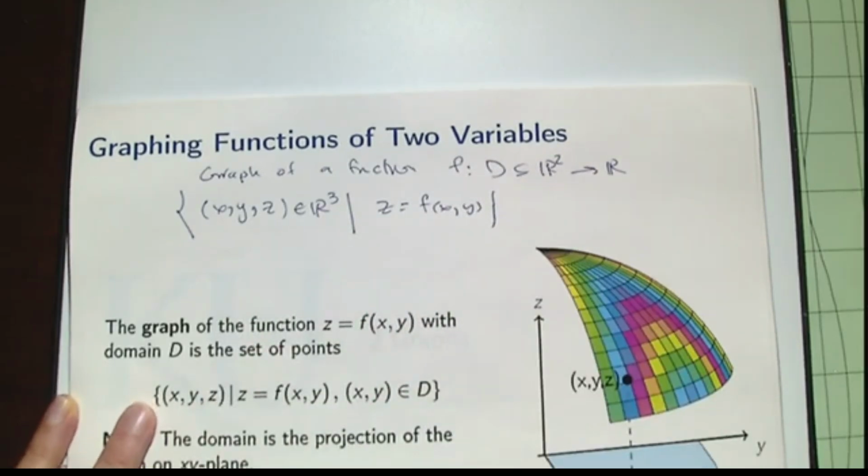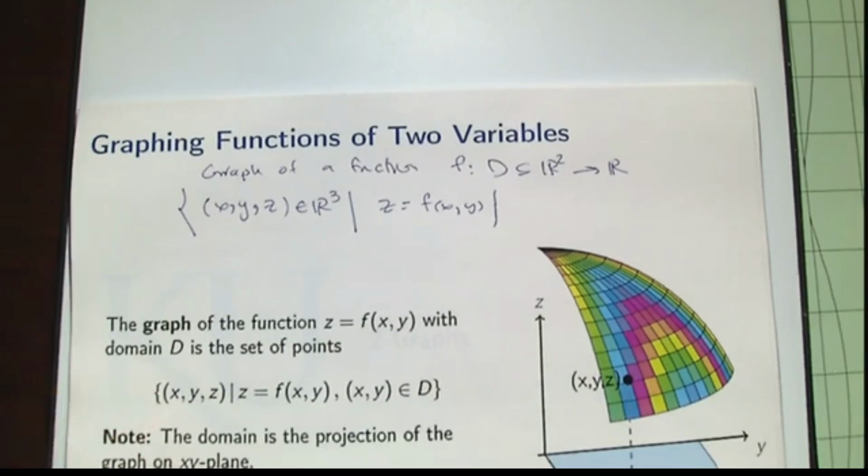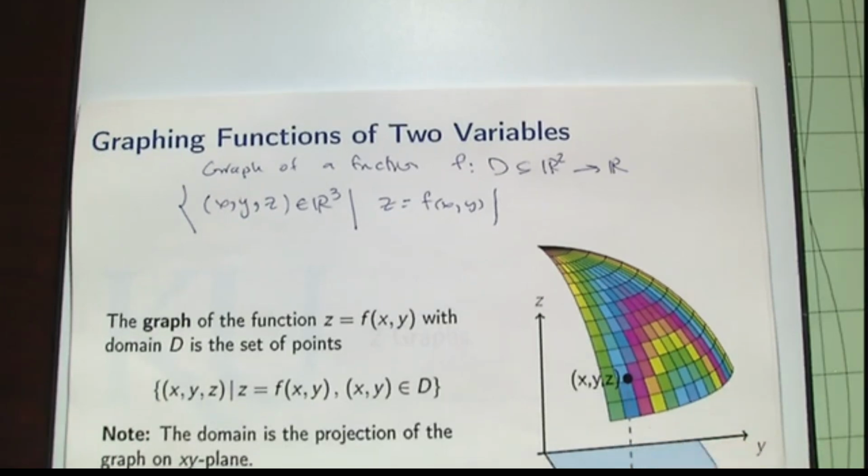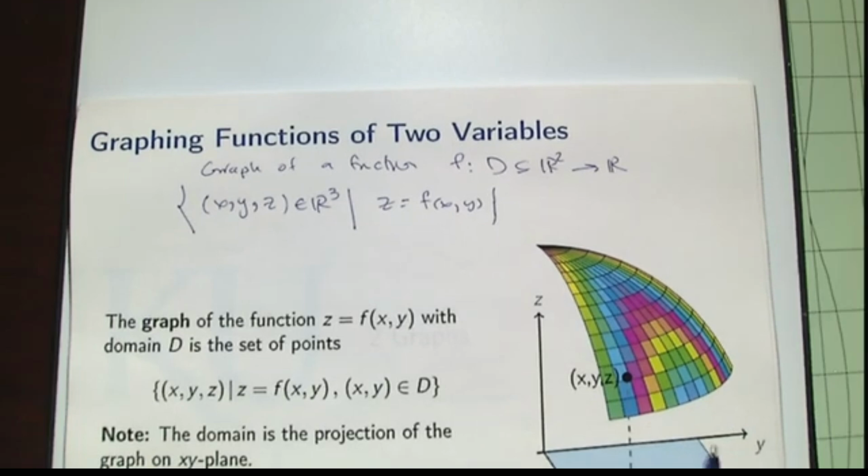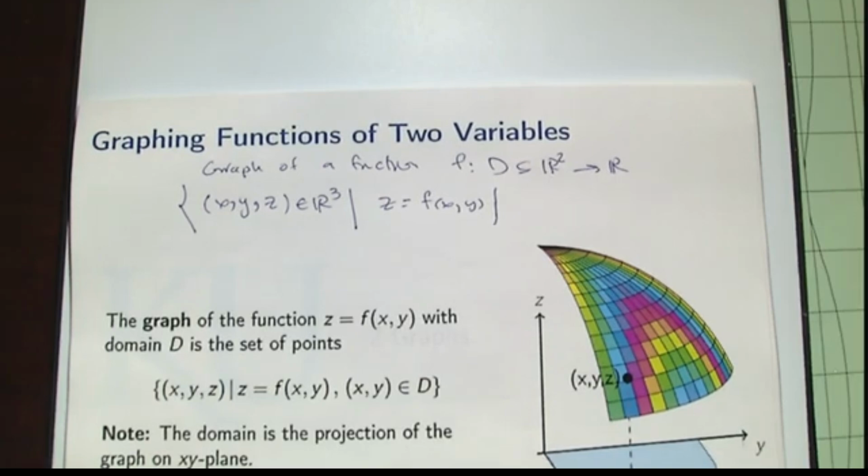So take a point in R2, x and y, embed the R2 as a subset of R3. What is embedding? Meaning that you put z equal to 0. That's when R2 becomes a subset of R3. Right down here, this is R2. The XY plane is R2.